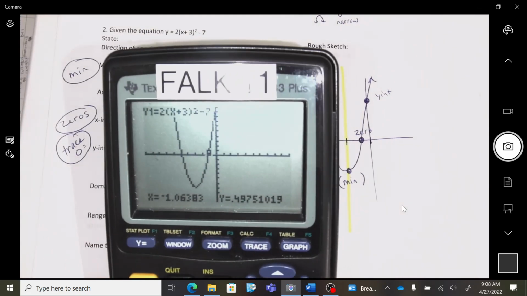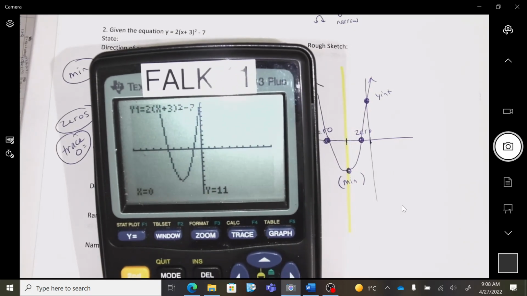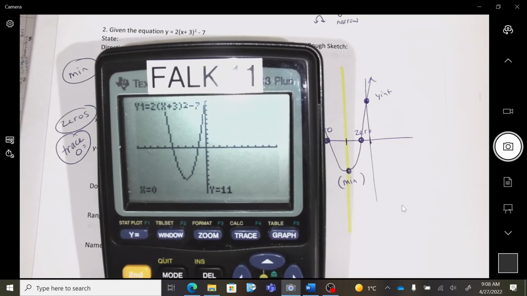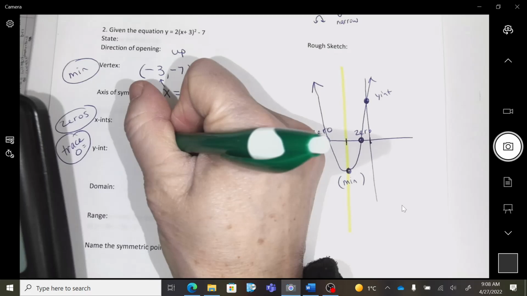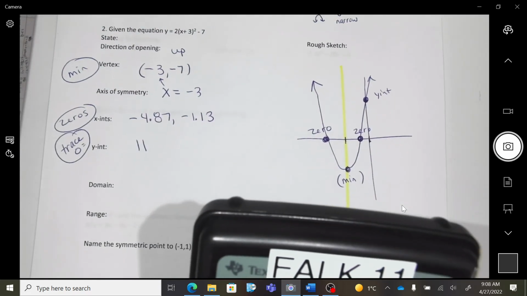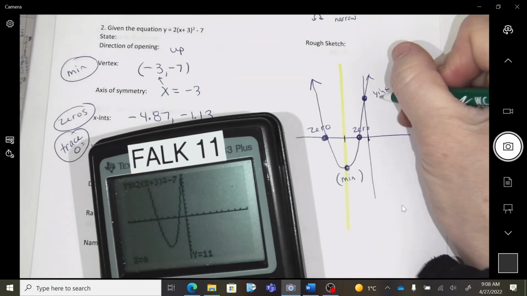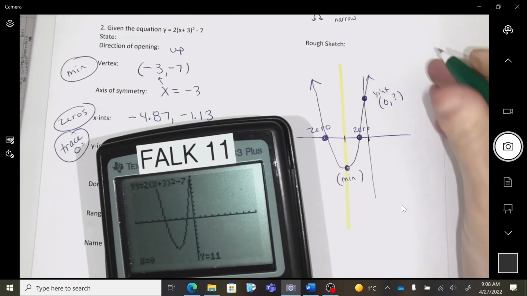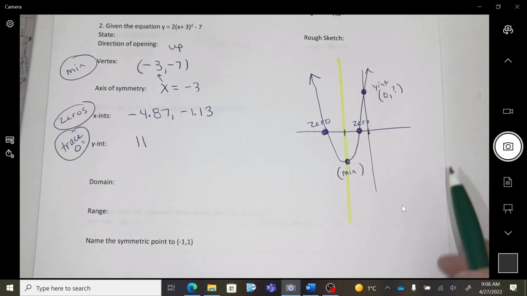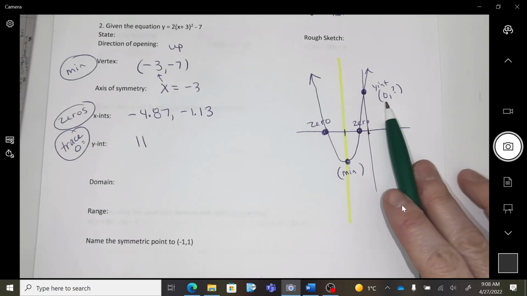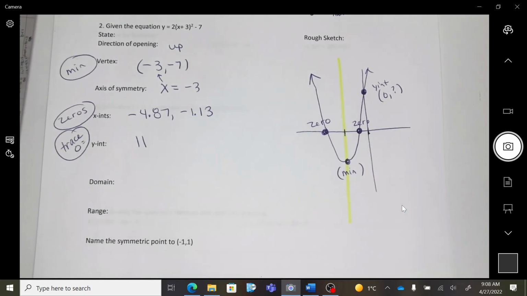Trace, get your mouse to move to 0, enter. So that's the idea there. You're saying, go to the x value of 0. Because you can tell your mouse to go to any x value you want. You can't tell it to go to a y value, but you can tell it to go to x values.